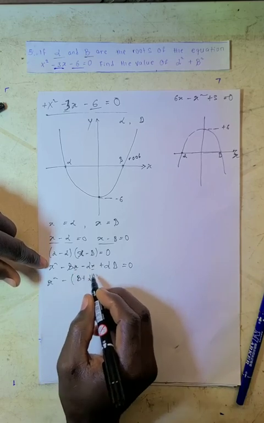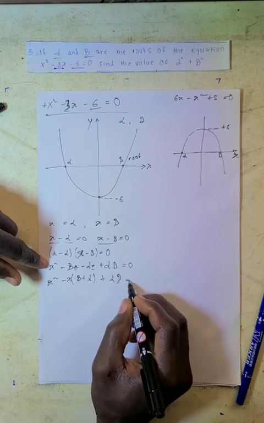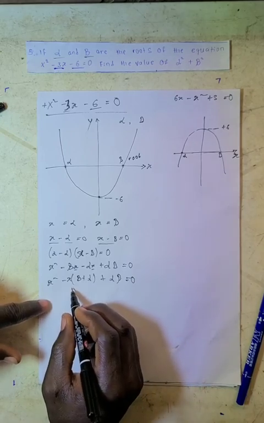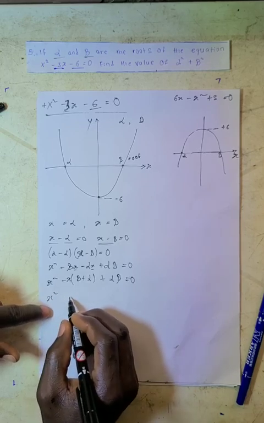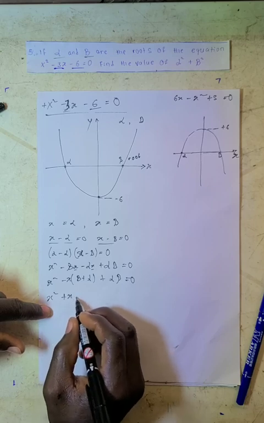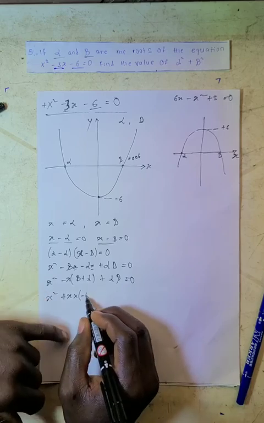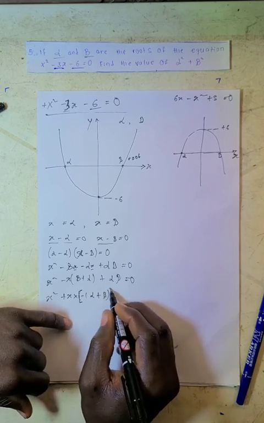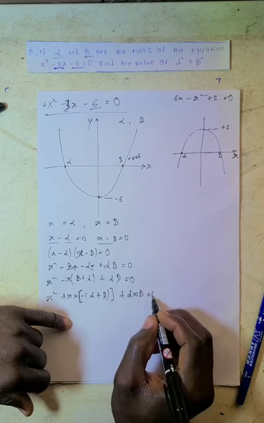We bring this x here, there's x here, so we factorize it. Then plus alpha times beta is equal to 0. Now, look at this. If you observe this carefully, we can as well say that our x squared, then plus x times bracket minus alpha plus beta, plus alpha times beta is equal to 0.